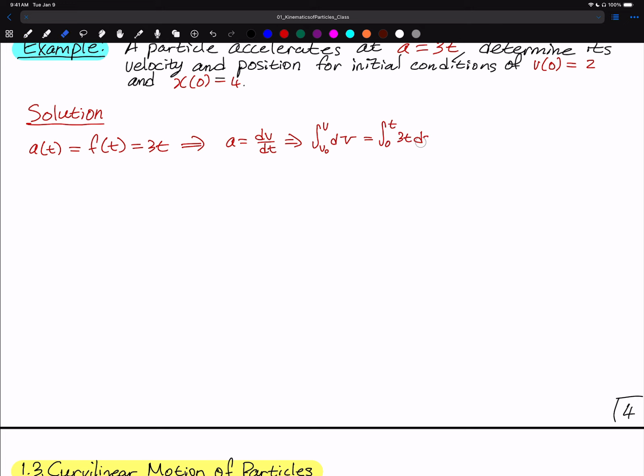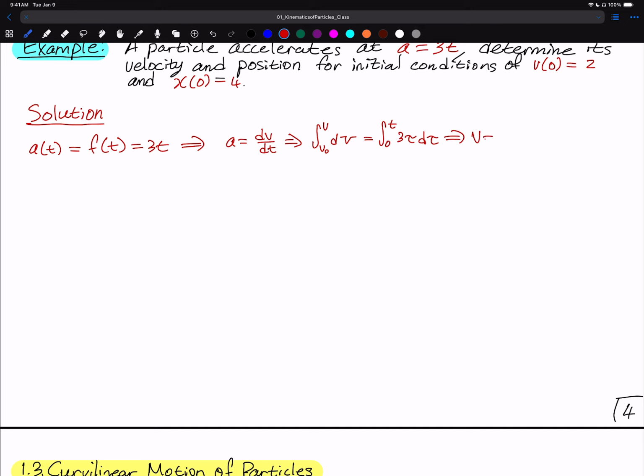In fact, I forgot the dummy variable here, so this should be 3 tau d tau. So you can see when we have a dummy variable, we switch that out for anywhere we see t. We want to integrate from 0 to t, so anywhere in the acceleration function we're integrating, we switch t for tau.